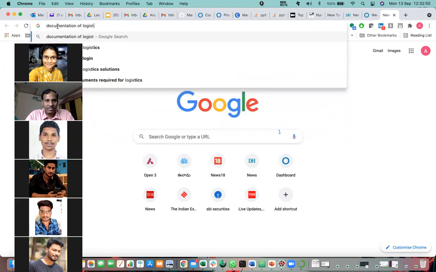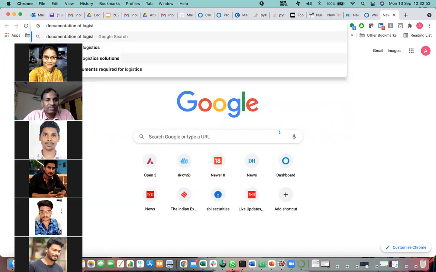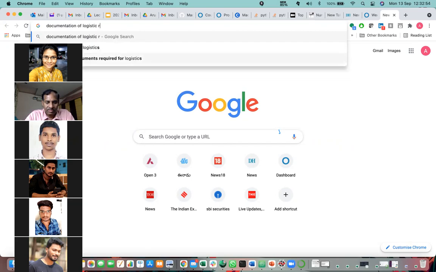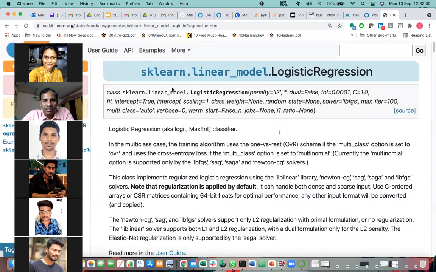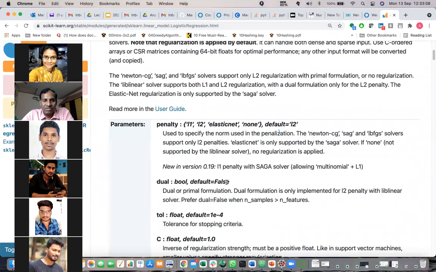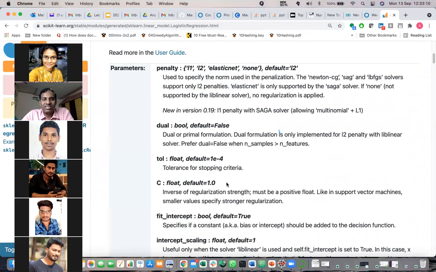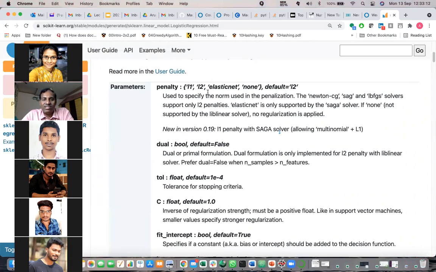Logistic regression. See here, penalty. Regularization is nothing but penalty, right? Penalty L2 they took. You can go and see what we can give this penalty: L1, L2, elastic net, none. These four options you can give in scikit-learn.